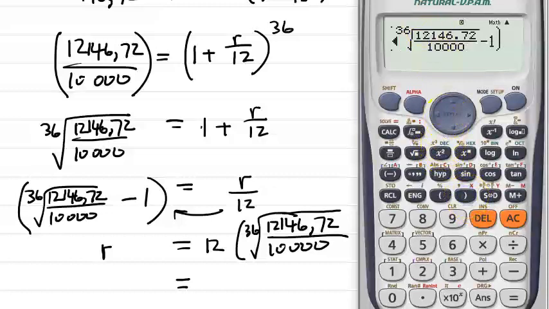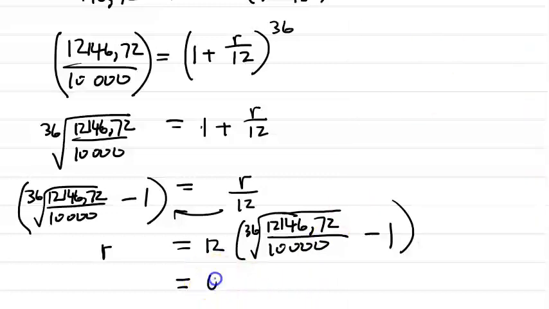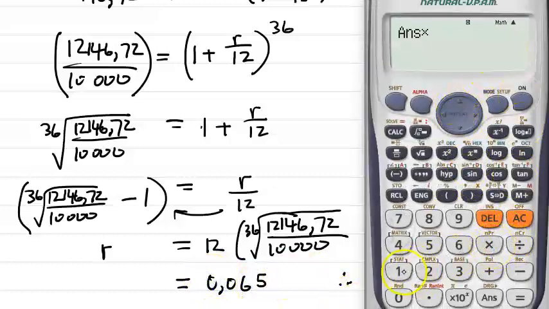Let's close the bracket. So let's double check. Minus 1 there, right? So don't forget that. Equals 0.065. Therefore, we can now conclude, to give it as a percentage, you have to multiply by 100.